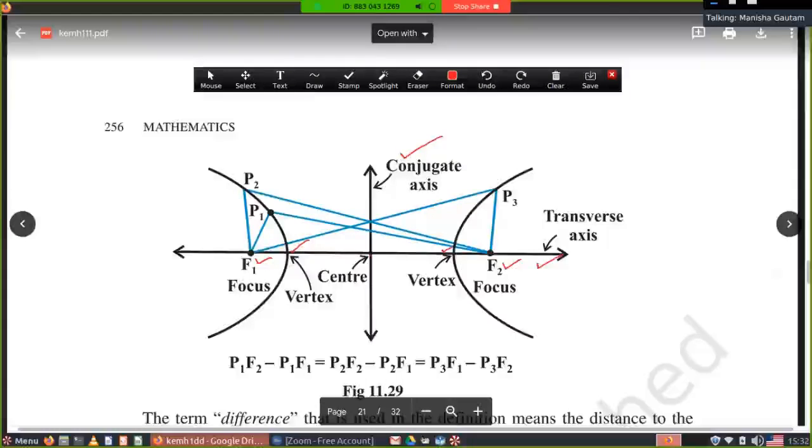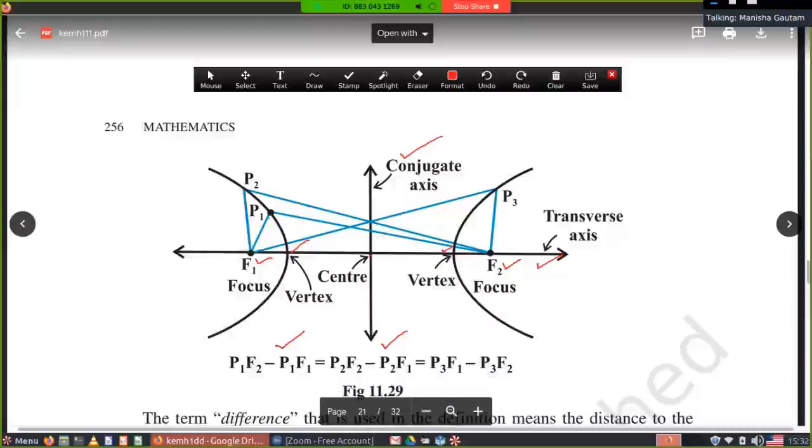Now here is the condition. When you take any point P1 on this curve, take the distance of that point from F1 and from F2, and take the difference of these distances. Same, take any other point P2 and take the distances P2F1 and P2F2 and get the difference.